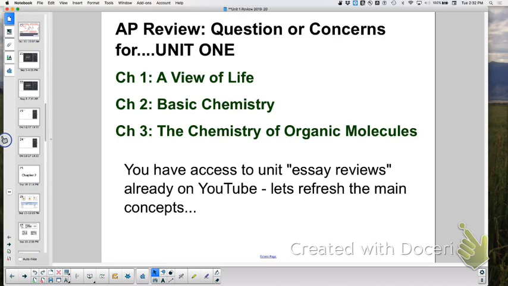So we're going to try to focus just on Unit 1 today. A view of life, that was our big overview where we understood all the big ticket items and the big ideas we were going to discuss. Basic chemistry: where should you start? An atom.